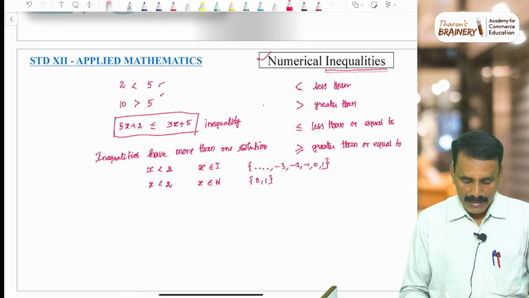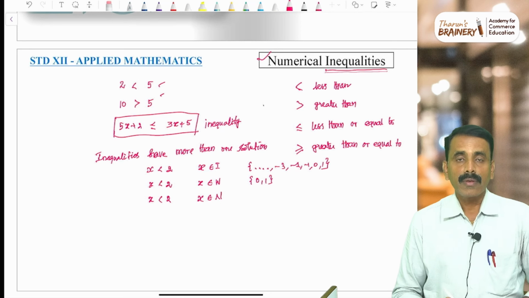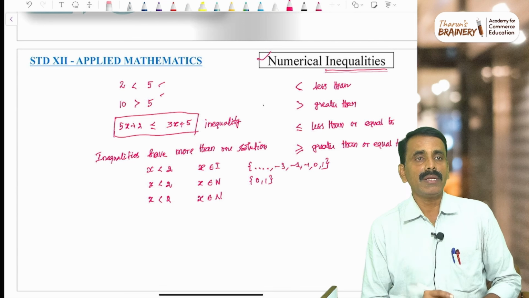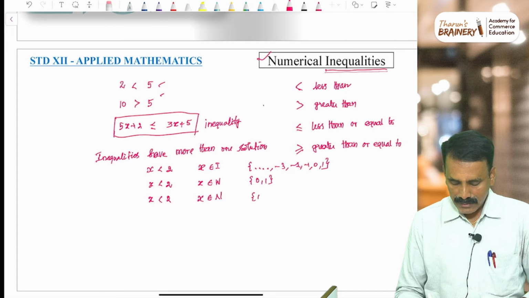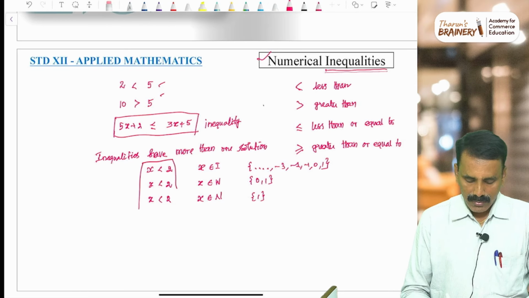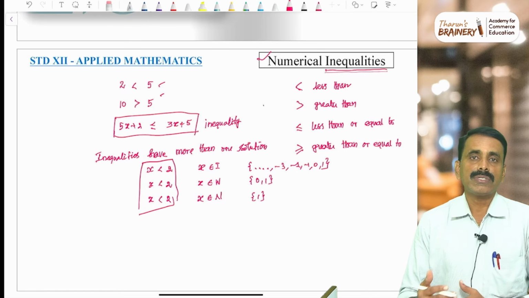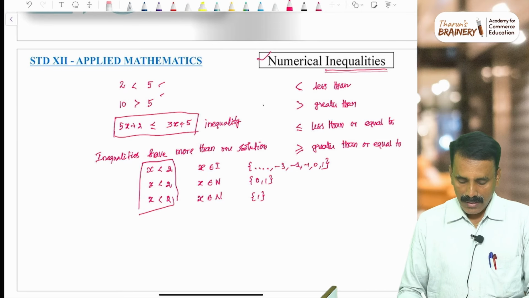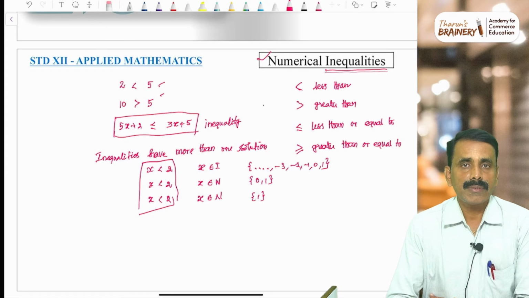Now we have the typical example when x is less than 2, when x belongs to natural number. X should be a natural number and x should be less than 2. Then in that case the solution set will contain only one solution. The same expression x less than 2, depending on the set, the solution changes. Okay, and here we will have infinite number of solutions for the inequalities.